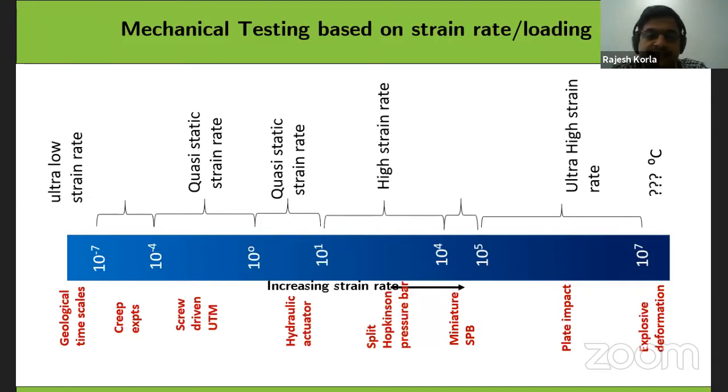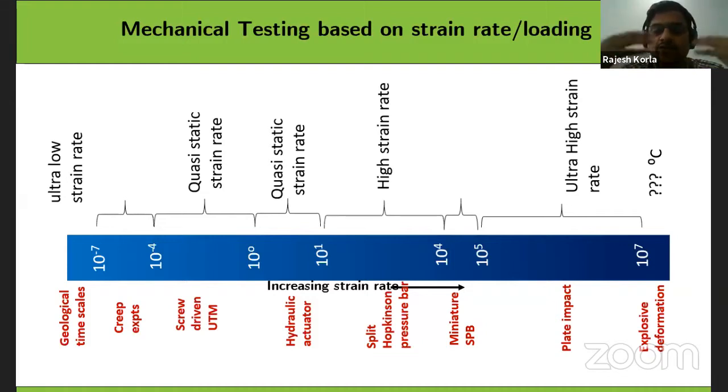To further increase the strain rate to 10 to the 4 to 10 to the 5, which is significantly high, they modified the Split-Hopkinson pressure bar by decreasing the size of the bars, so that we can decrease the noise and at the same time increase the strain rate that we can measure. This is called the miniature Split-Hopkinson pressure bar. From 10 to the 5 to 10 to the 7, people use extremely high strain rates.